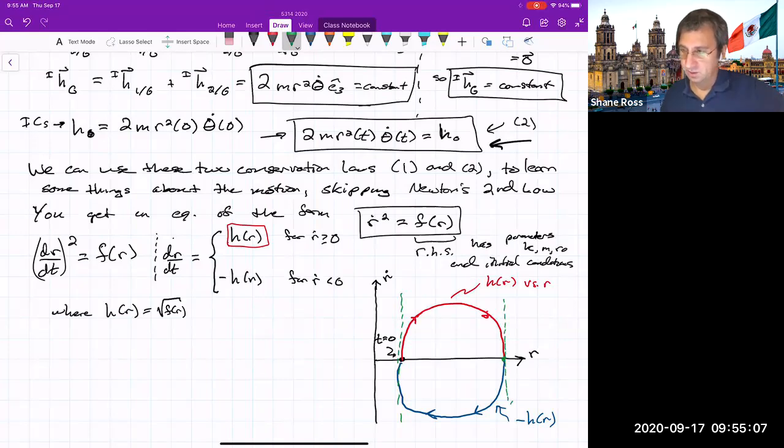So these are turning points. This is the minimum r, and this is the maximum r. So the motion will go between a minimum separation between the two particles and a maximum separation. We're just looking at that radial dynamics.